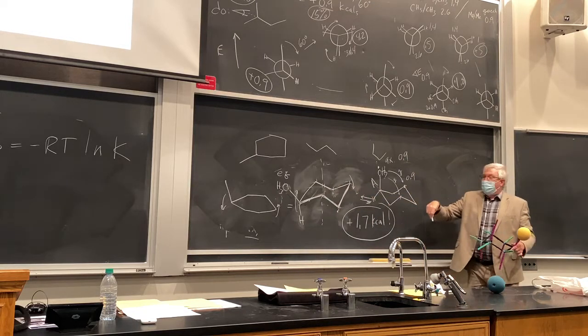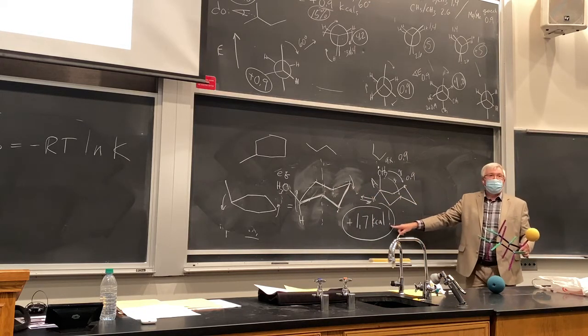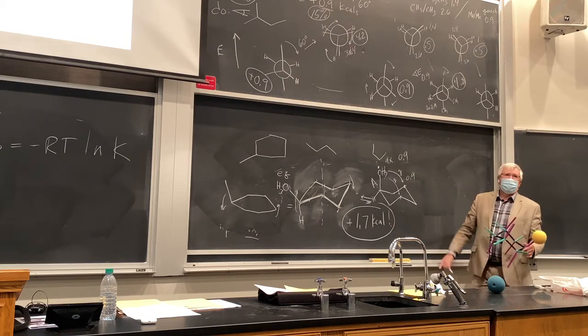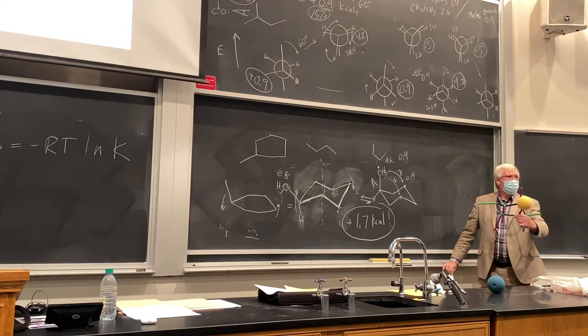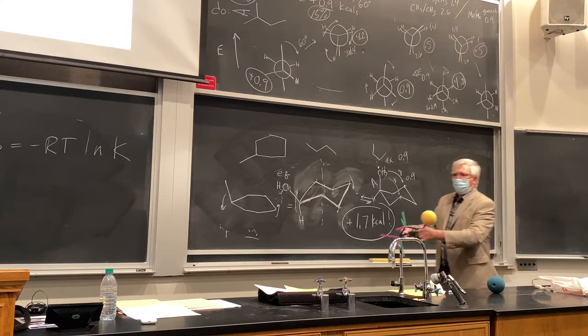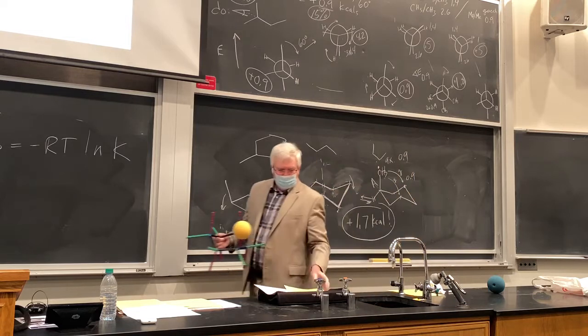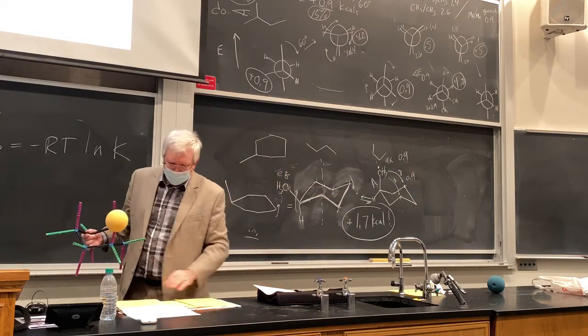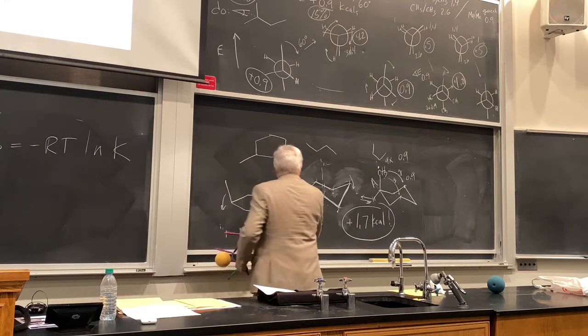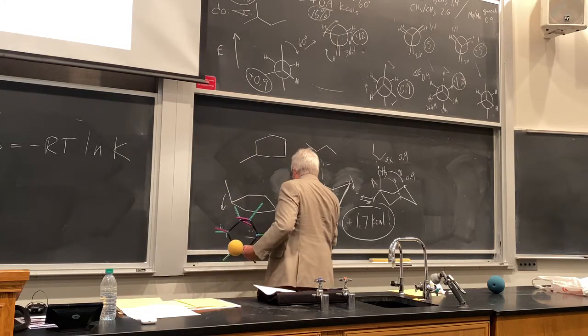But the overall measured difference in energy between the two, 1.7, bears out these isolated interactions. So everybody okay with that? Flipping your models back and forth there. Methyl cyclohexane. Let's look at some other groups here. If we have, let's go to a real big one. How about tert-butyl?